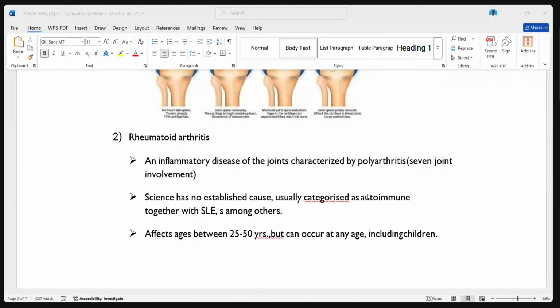But there must be an environmental trigger, like smoking, infection, or just the foods. For example, there is arachidonic acid from the meat and all that. This will bring what is called abnormal immune activation.